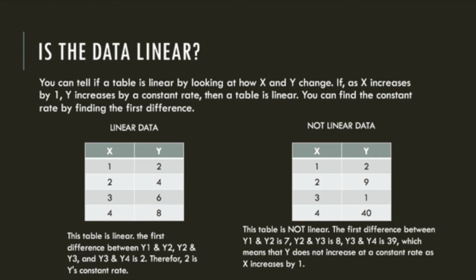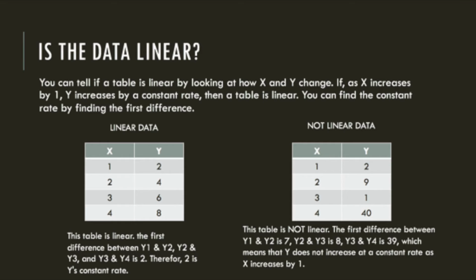How do you tell if the data is linear or not? You can determine if the data is linear by looking at the changes in x and y. If x increases by 1 and y increases at a constant rate, then the data is linear. Here are two data sets.